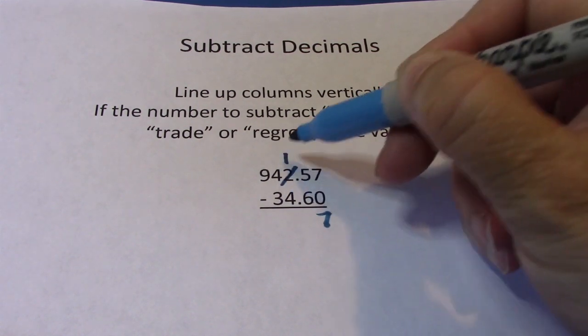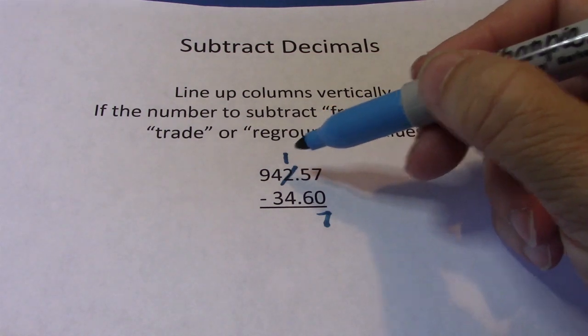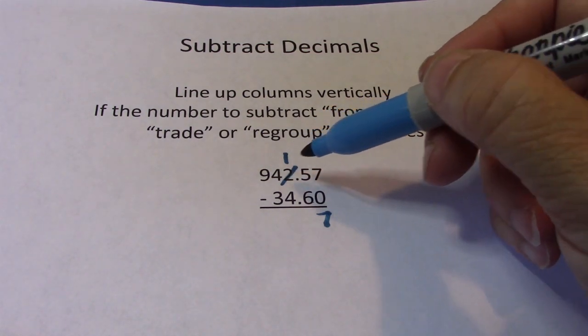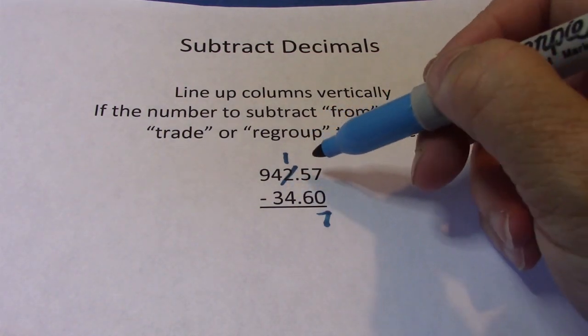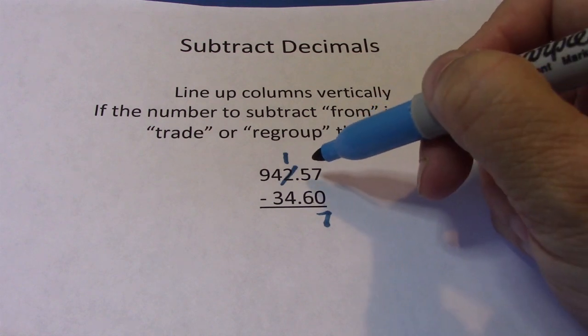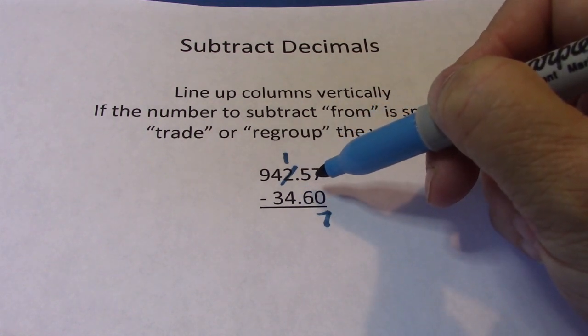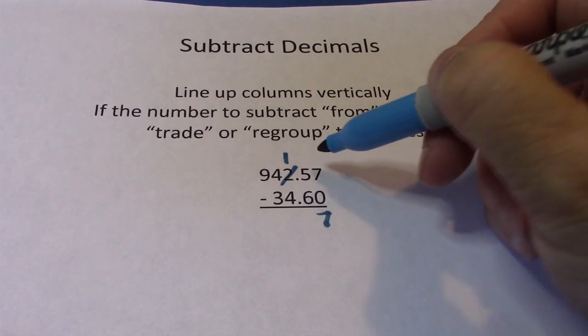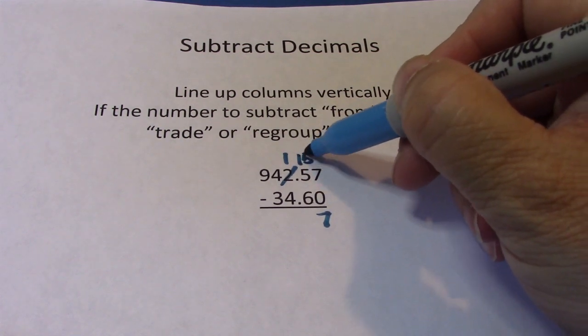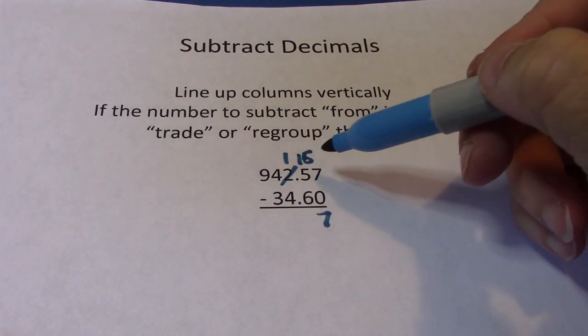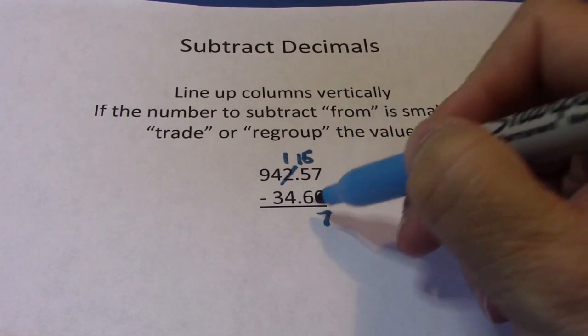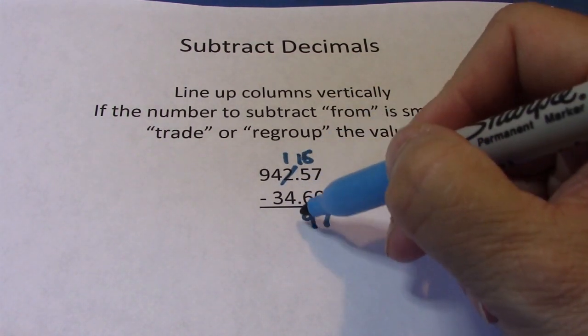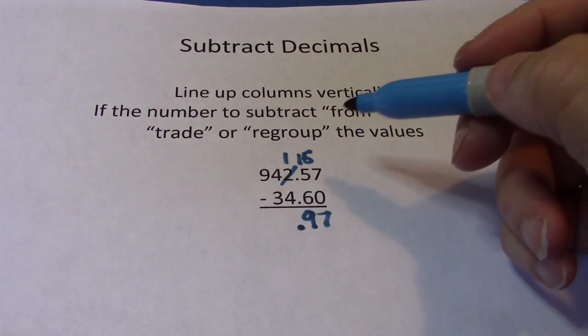We take 1 of those away. It leaves us with 1. We cross it off and just remember that we've still got 1 left. But the other one that we're borrowing, regrouping, trading for is worth 10 of these. So we already had 5, now we have 10 more, so we write it as 15. Now 15 take away 6, that's 9. I'm going to bring my decimal point right down now too.